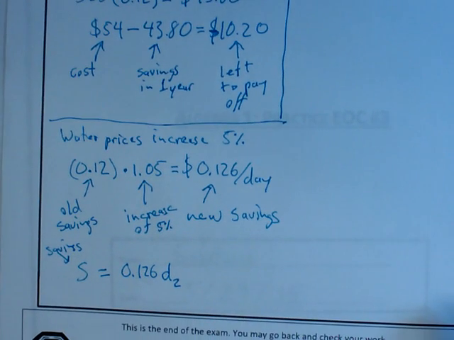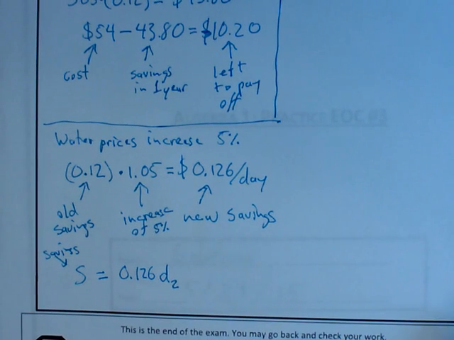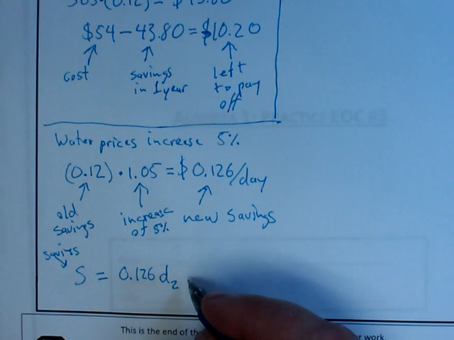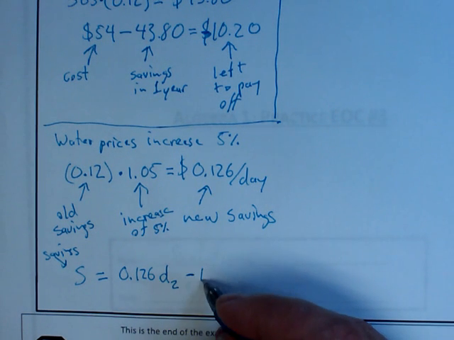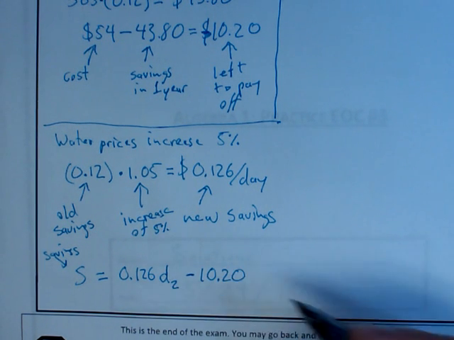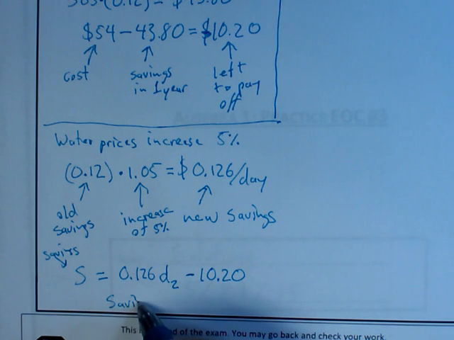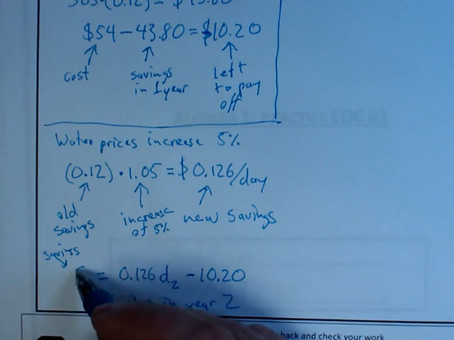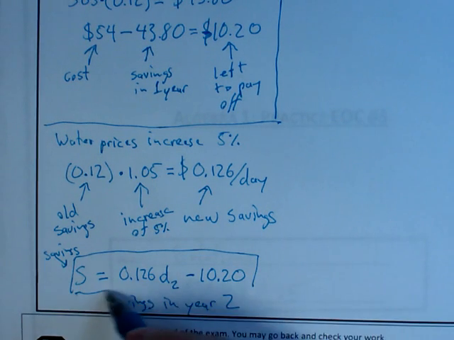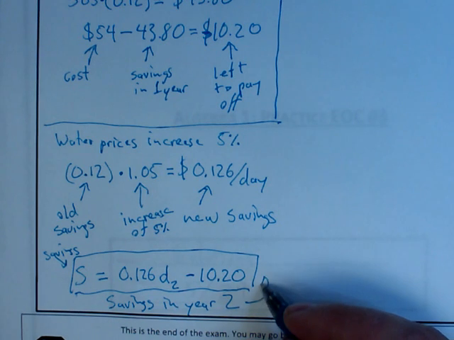So that's different from D sub 1, which was the days during the first year, 365 of them, and we still have $10.20 to pay off. So this is their savings during the second year. This is our model.